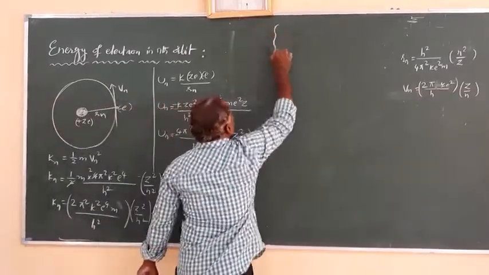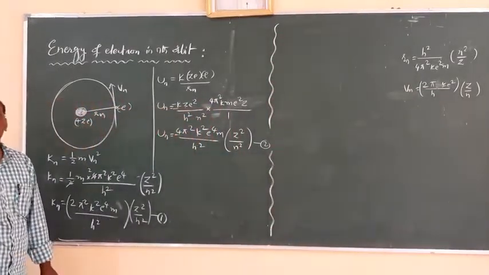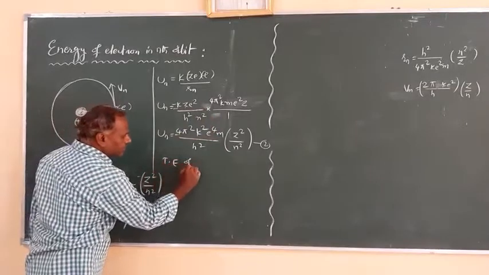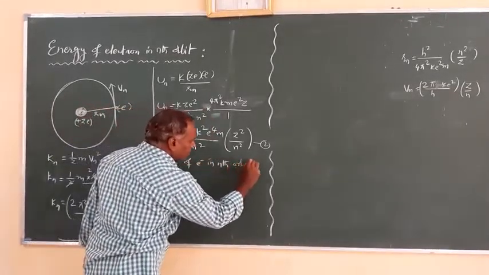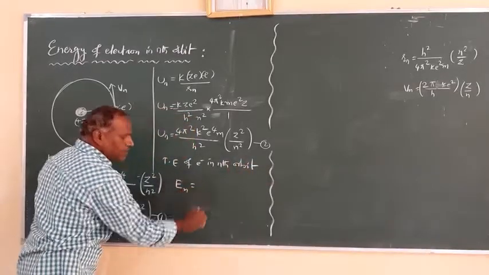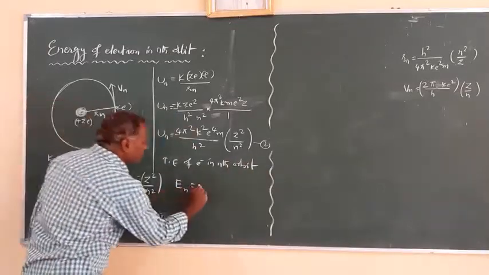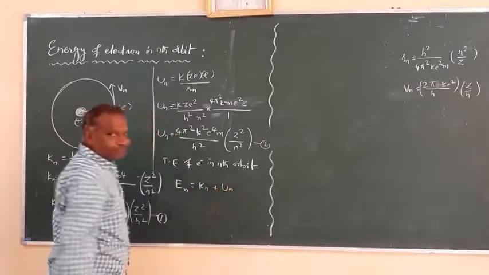So now you can go for the total energy of the electron in the nth orbital. So I can write E, the total energy in the nth orbit, that is the sum of these two, Kn plus Un.